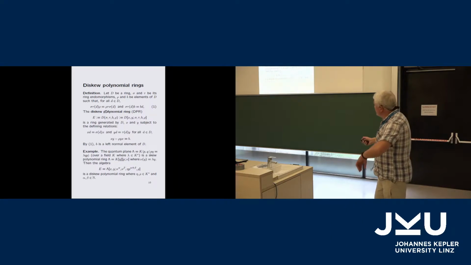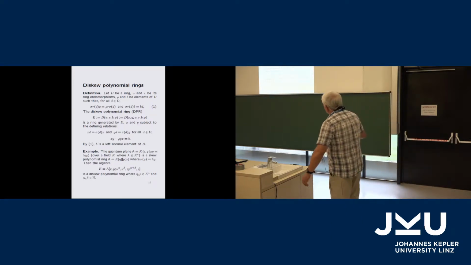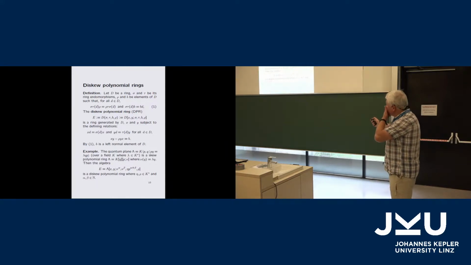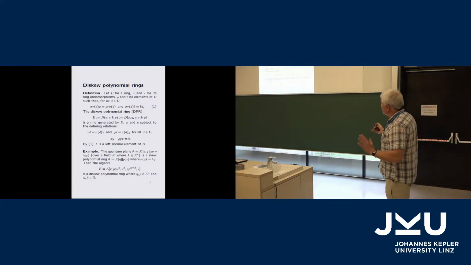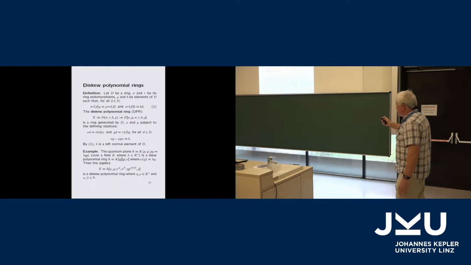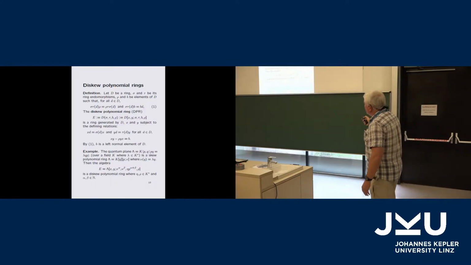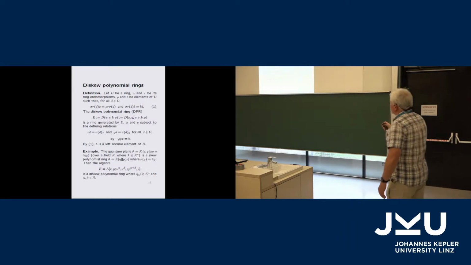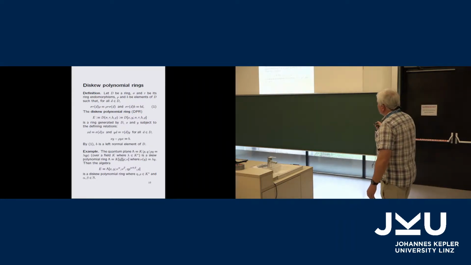Okay, so now we come to another class of rings, which are called diskew polynomial rings. A similar story: we start with the ring, 2 endomorphisms and 2 elements of the ring, that satisfy the natural conditions. And if you deal with these kinds of algebras, you presumably recognize some of these conditions.